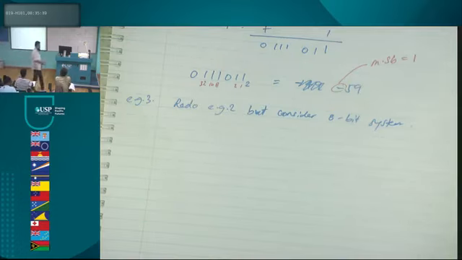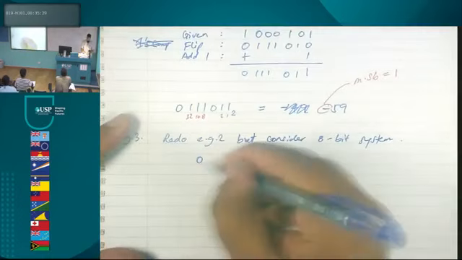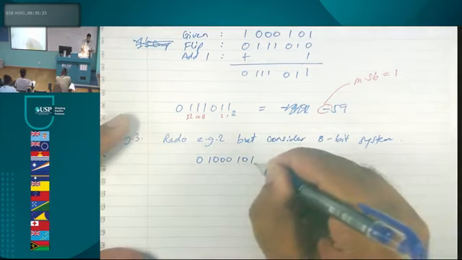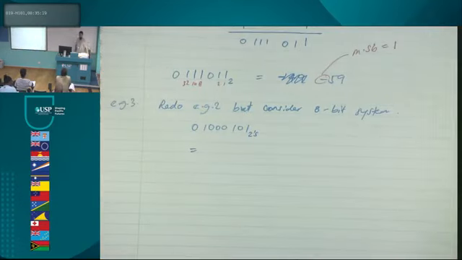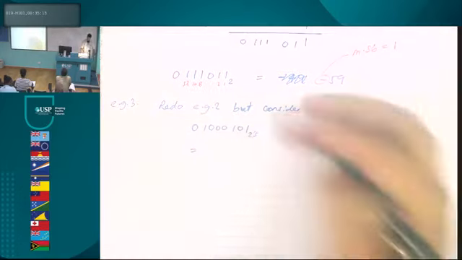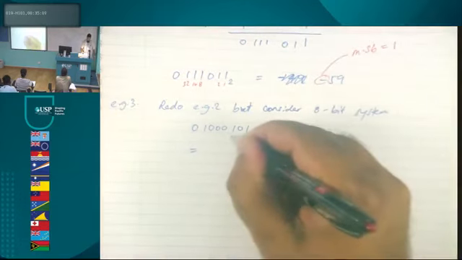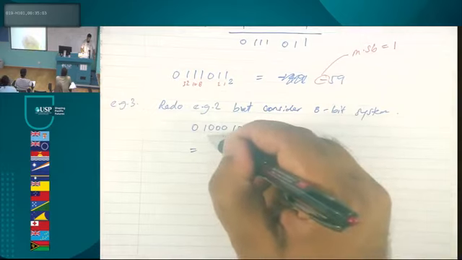Look at how many bits we've used. It's 1000101, so there'll be 0, 1, 000101. And what does that number mean now? 1, 2, 4, 8, 16, 32, 64.